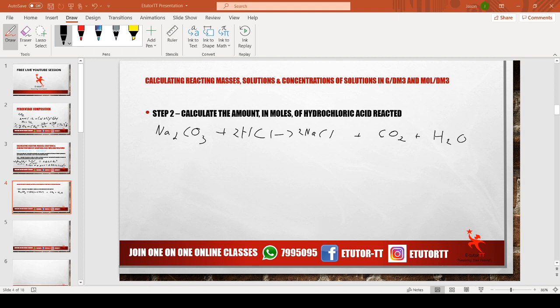So now we have to work out the molar ratio. We have a molar ratio of 1 to 2, because it's 1 sodium carbonate reacting with 2 hydrochloric acid.